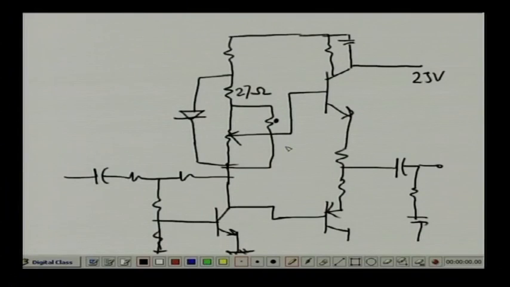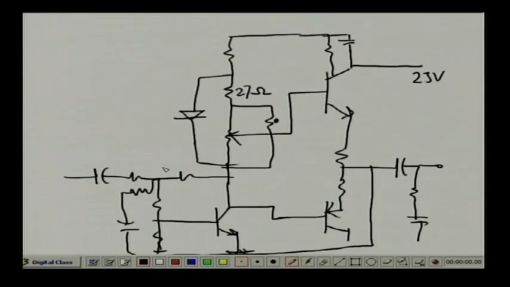There is a feedback there, so initially it may go to the oscillatory region. To stabilize these things, we use a thermistor, and this ends lesson 7 of industrial instrumentation.